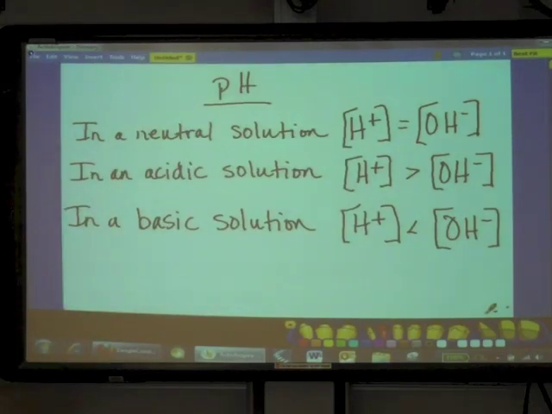So we use the pH scale to represent how acidic, or conversely, if we want to think about it in the opposite way, how basic a solution is.